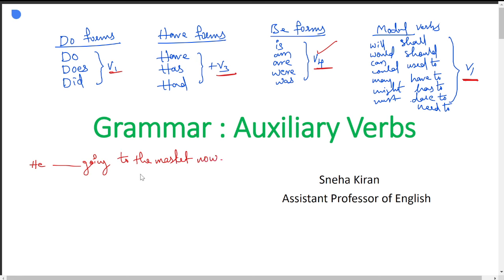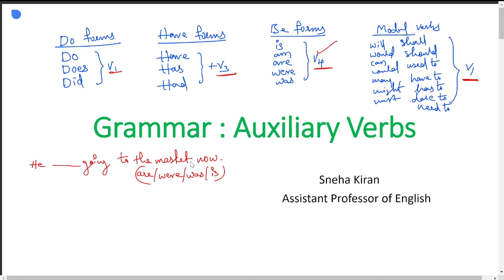The options that I give you here are: are, were, was, is. Now try to find out the answer in this case. "He dash going to market now." Now, can you use "he are"? He is a singular subject, right? You cannot use are.